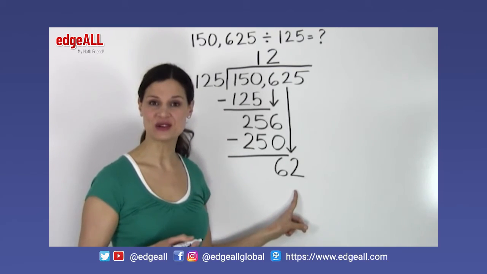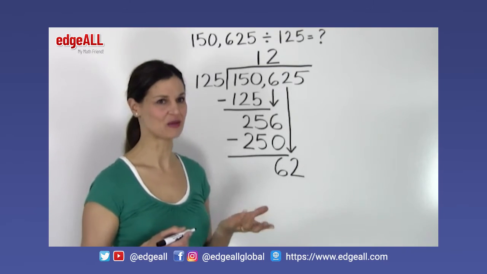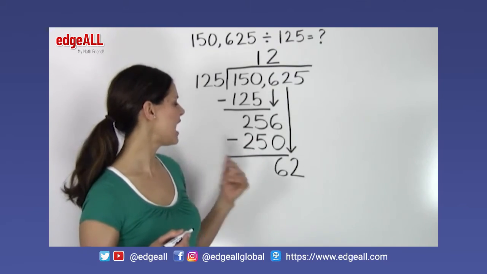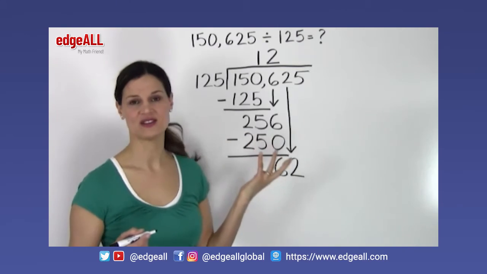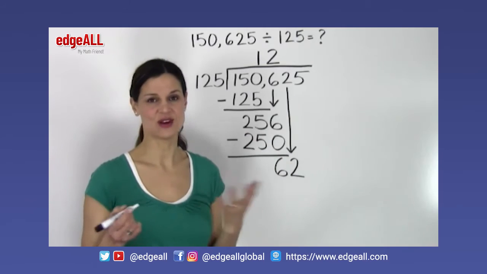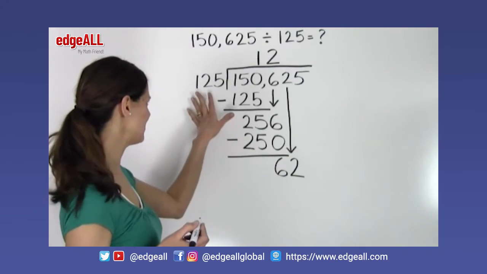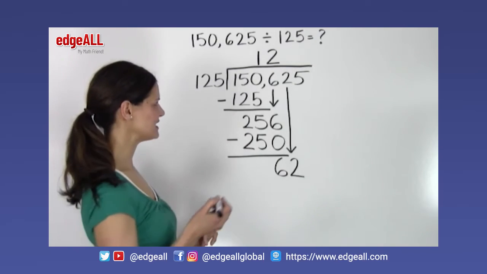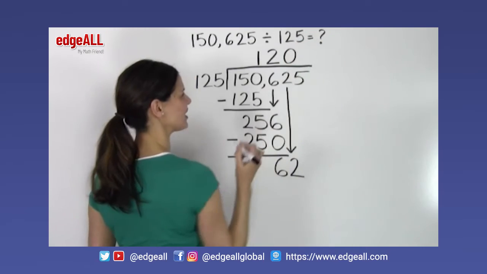And so what we do in this case is we use the number 0 in the place of the answer to this question. 62 divided by 125 is 0. So I put a 0 here as my next answer.